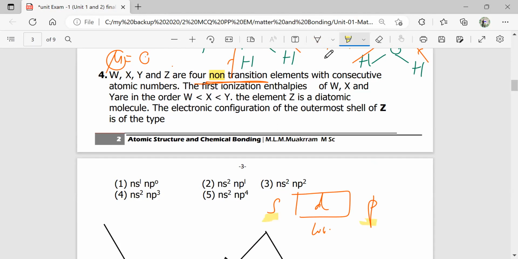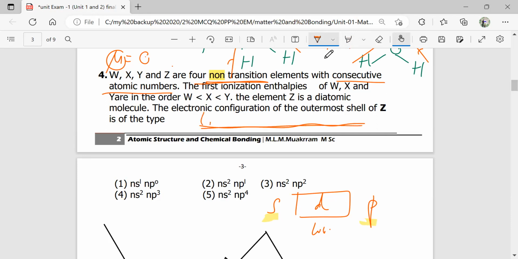That is the message: consecutive atomic numbers, adjacent to one another. It can be elements in one group or one period.